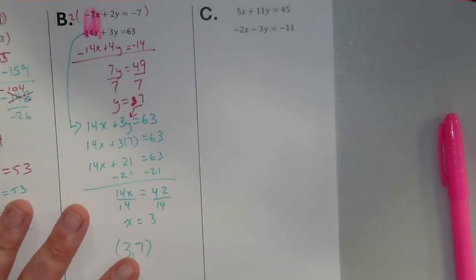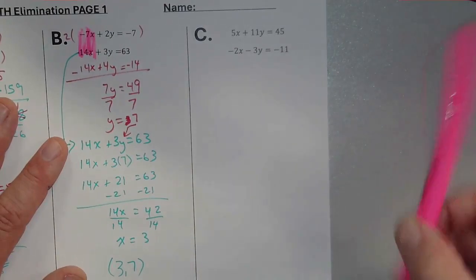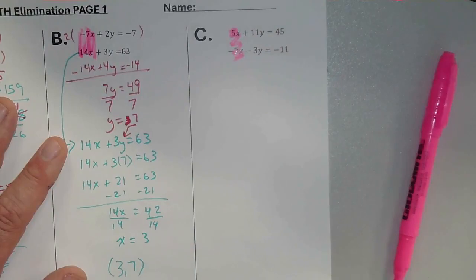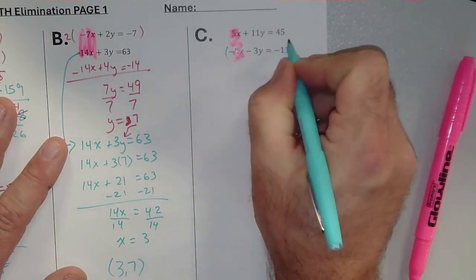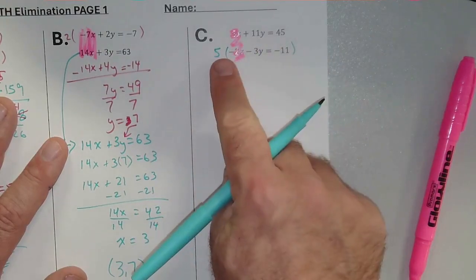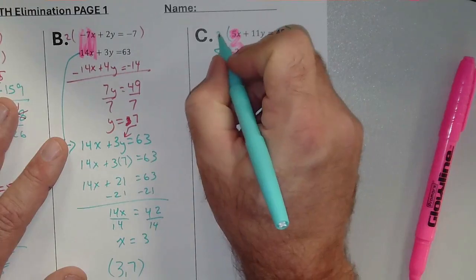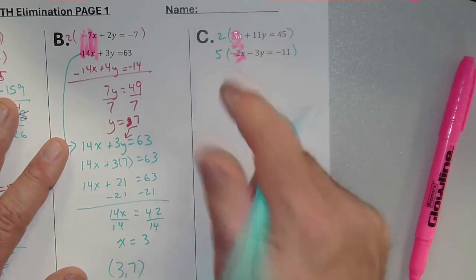Let's go to C and see what happens. Most of us are just kind of focusing on this one, so I'm going to focus on x again. Now, I've got a negative already, so I don't need to change that. So I'm just going to make this 5, right? 5 times negative 2 will give me negative 10. And then my other one, I'm going to just make 2. 2 times 5 will give me positive 10. So here's my positive 10, here's my negative 10.